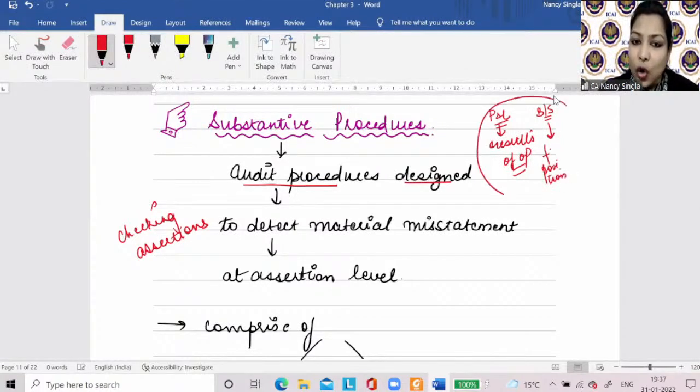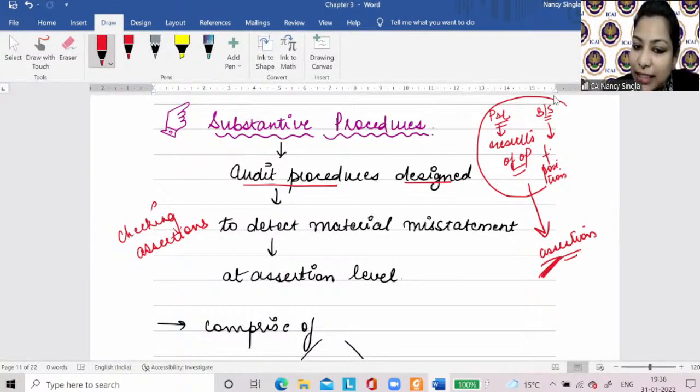So the auditor is giving his opinion on the overall presentation of the financial statement, but since we know that these financial statements are prepared by joining various assertions together, the auditor will have to check these assertions in order to give his opinion. So what are these assertions?